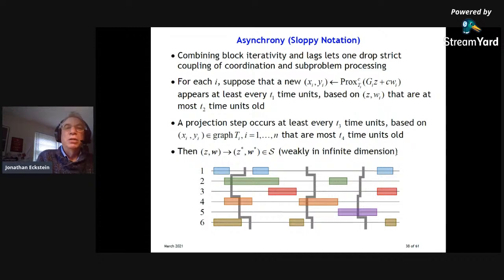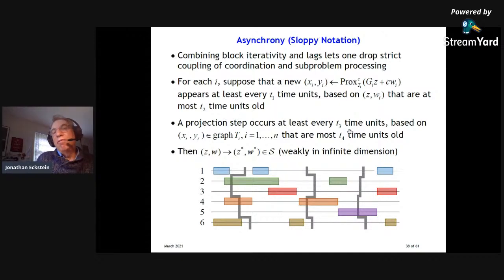So with those two things, you can kind of imagine the following process, where I suppose that for each i I do one of these, like the Z, and just think of the Z and the W. So this is like a primal solution, kind of implicitly as a function of time, Wi, dual solution implicitly a function of time. For each i, at least every T1 time units, I do one of these calculations, and it's based on something that's at most T2 time units old. Okay.